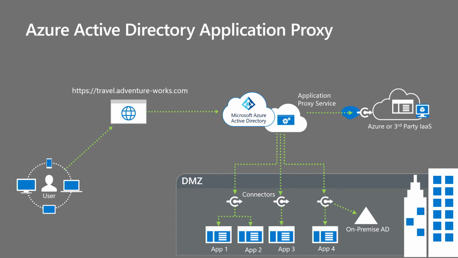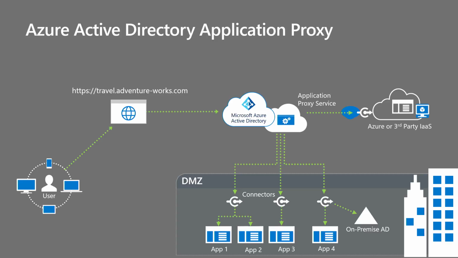In our typical scenario, you might have a corporate application hosted on-prem and a user trying to access this outside the corporate network. To set up application proxy, all you need to do is install a lightweight agent on your server so that it has a line of sight to your application, and we refer to these as connectors. These connectors will only use outbound connections with our service.